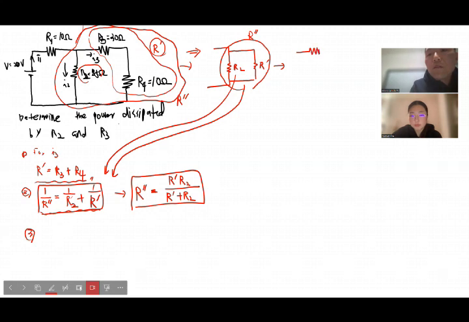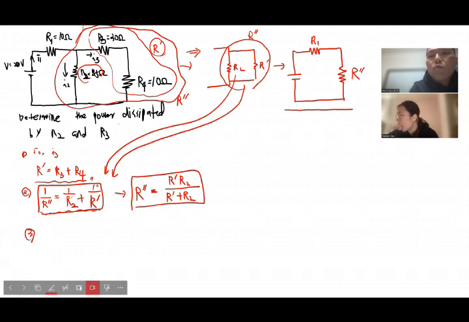This is R1, and there's the effective resistor out of R2, R3, R4, which is R double prime, and there's the battery connected to those two resistors.